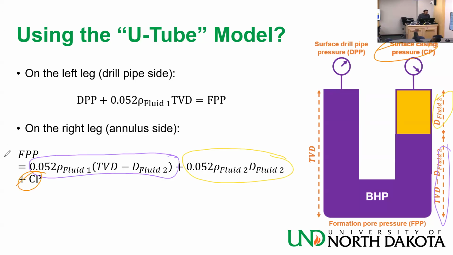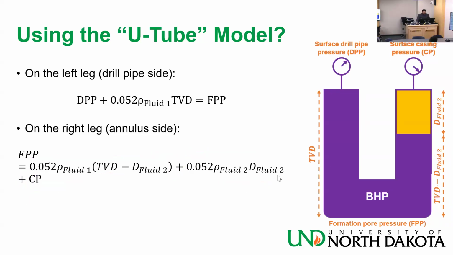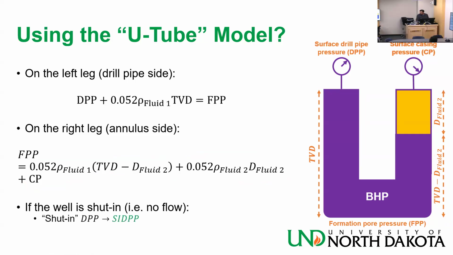Now, what is the right-hand side equal to? It is also equal to the bottom hole pressure. Exactly, it's the same equation as here. So you see, it doesn't really matter if I went up or down.